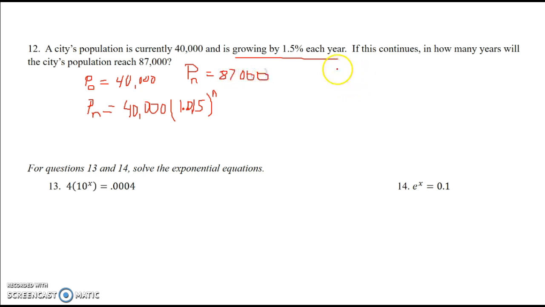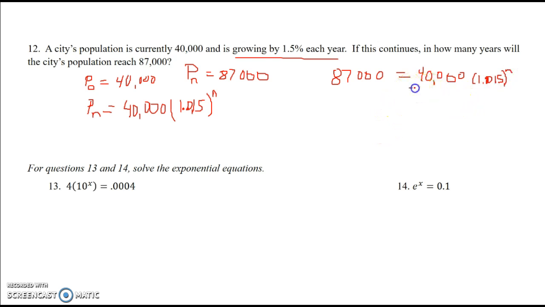So I need to set up this equation. 87,000 is equal to 40,000 times 1.015 to the n.